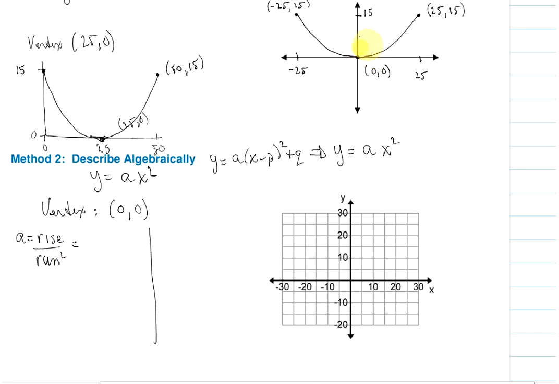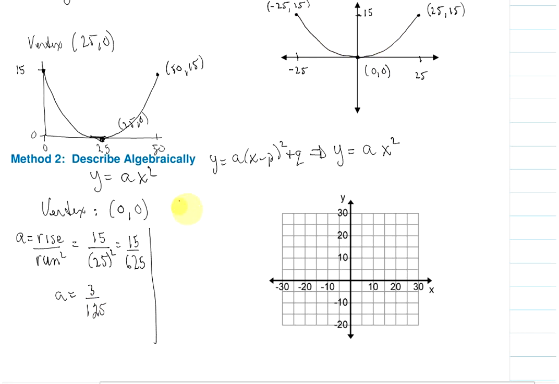Our rise is 15 and our run is 25, so we get 15 over 625, and when we reduce that we get a equals 3 over 125. And a is positive because our parabola is opening up.